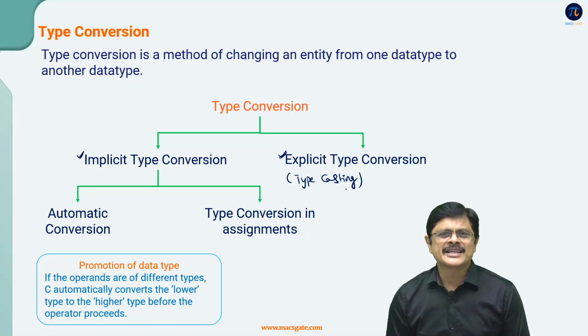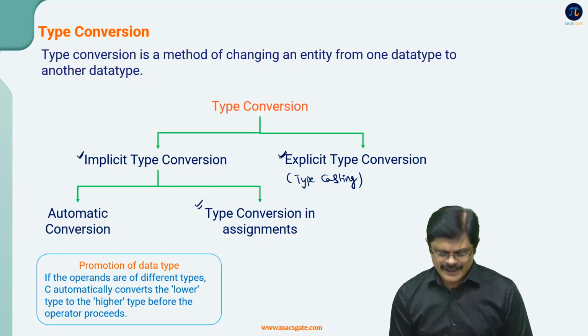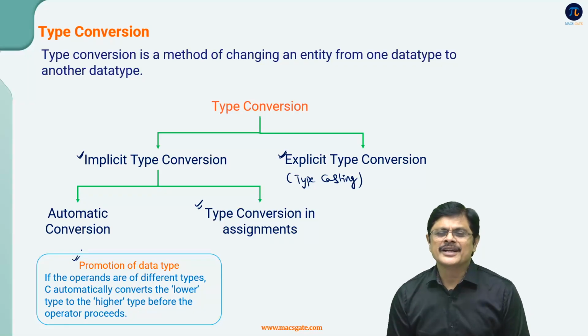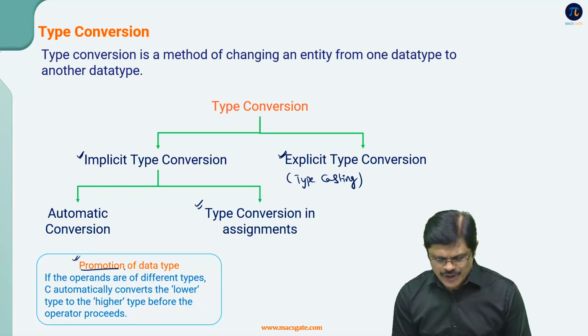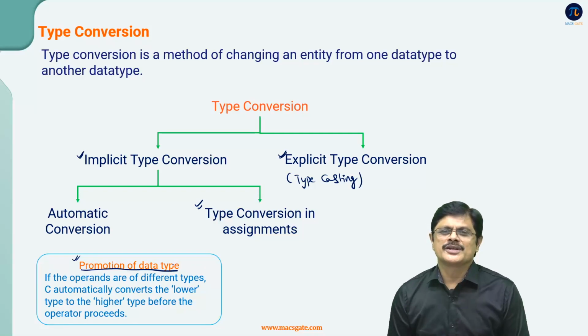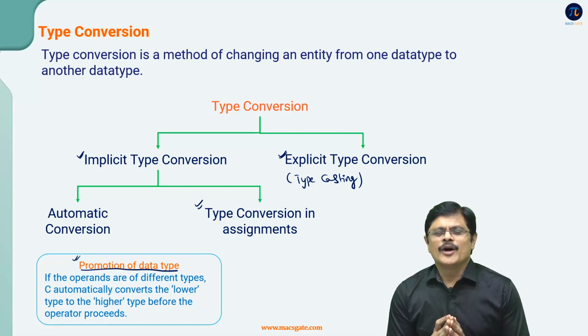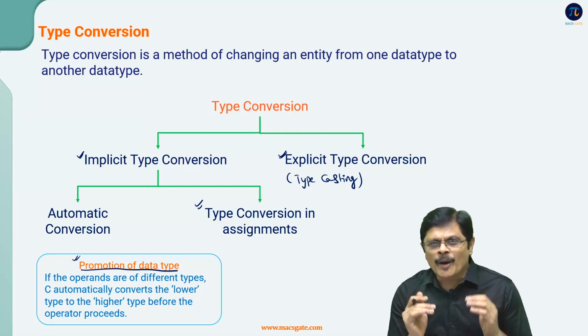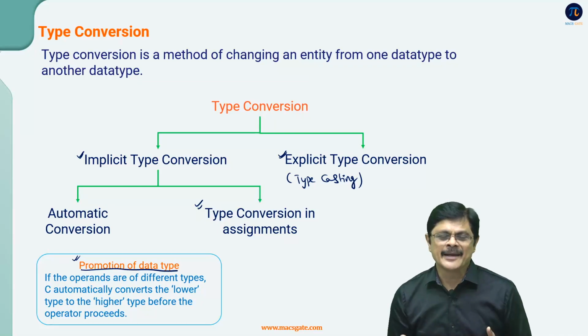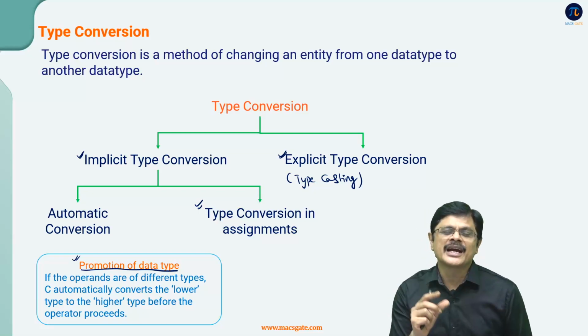See, the implicit type conversion can be automatic type conversion, or type conversion happening in the assignment operation. Dear friends, this automatic conversion happens through the promotion of data types. Suppose the operands involved in an operation are of different types, the operand of lower rank is automatically converted to higher rank by the C language.